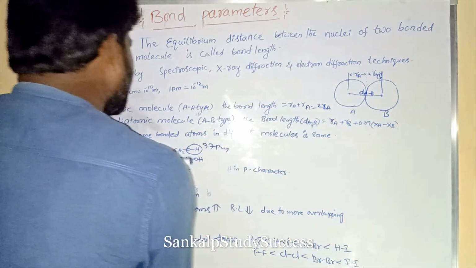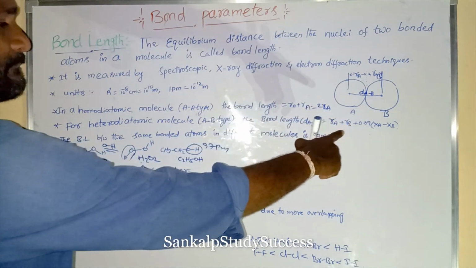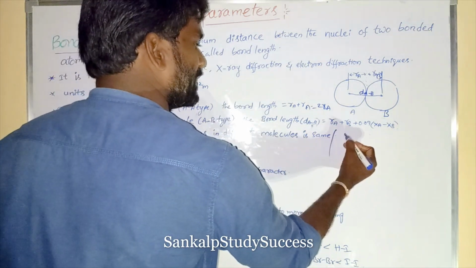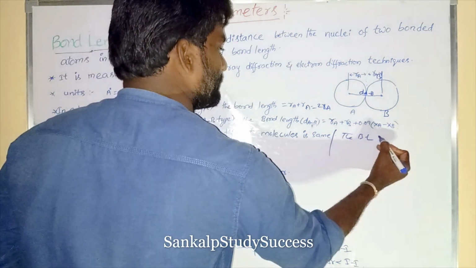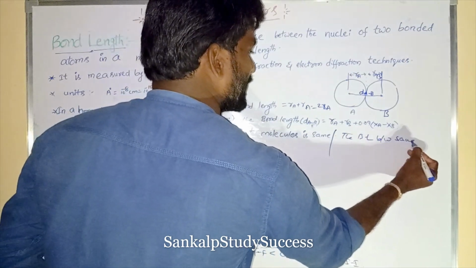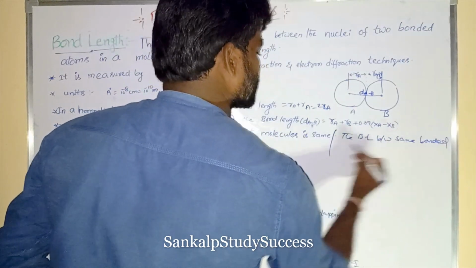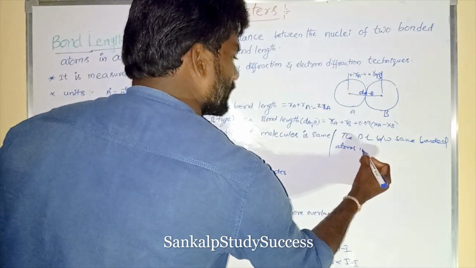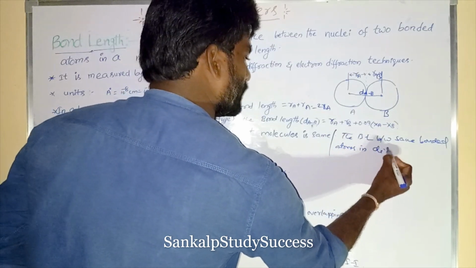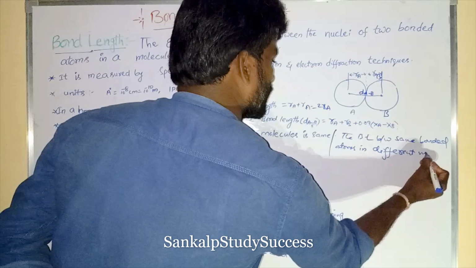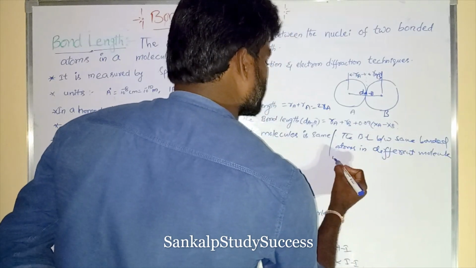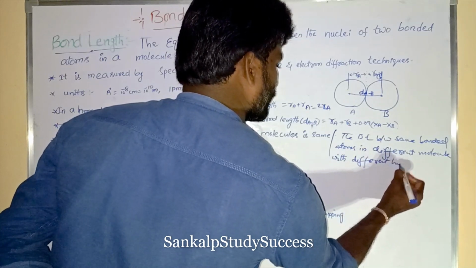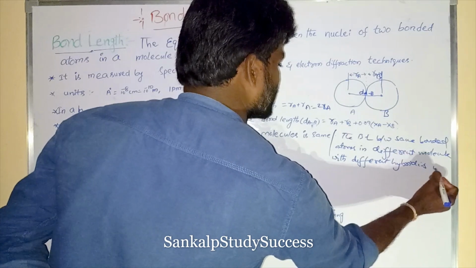In this point, if the hybridization is the same, the bond length between the same bonded atoms in a different molecule is the same. But the bond length between the same bonded atoms in a different molecule with different hybridization is different.